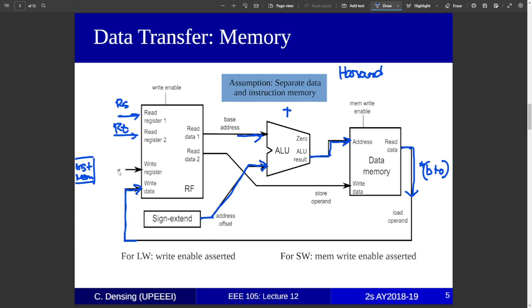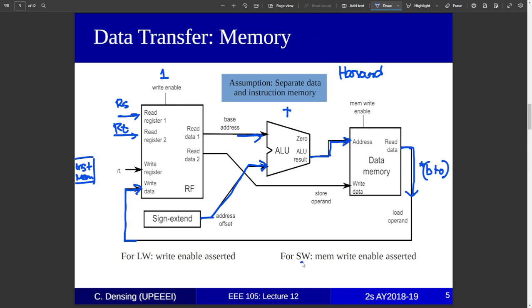The other thing that happened is we were putting RT into the write register. So then the value pointed to by base plus offset will be put into write data, and the write register is RT. So say, for example, it was a load word that we were doing. We put write enable as 1, and so we will write the data pointed to by base plus offset into the register RT. But what if we were doing a read for a store word instruction?